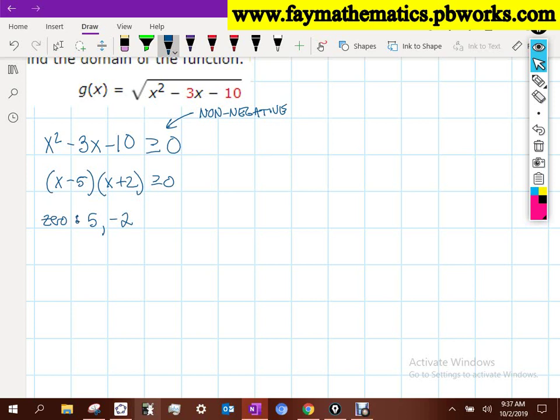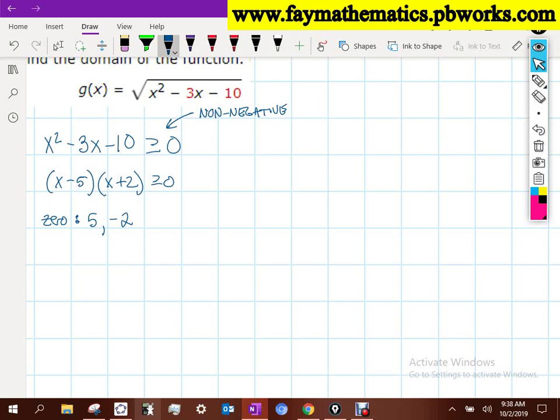Now, I wrote it that way because it's weird putting the inequality sign in there. I don't want to say x is greater than 5 and x is greater than negative 2 because that doesn't say what I really needed to say. But I find the zeros. What we're trying to do here, guys, is plug an x value in for the x squared and for the minus 3x, and evaluate that.